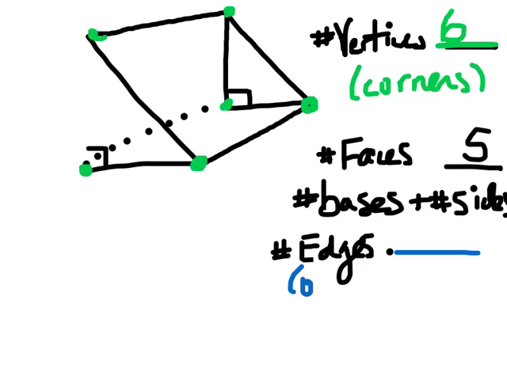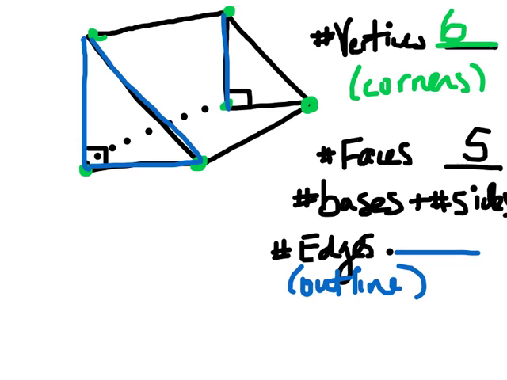So I'm going to outline to figure out how many line segments I have, and that's the edges. So if you look, 1, 2, 3, 4, 5, 6, 7, and then that back one makes 8, 9. This one has 9 edges.